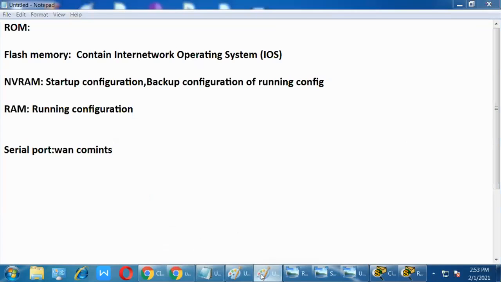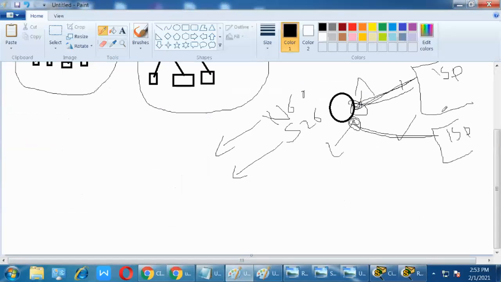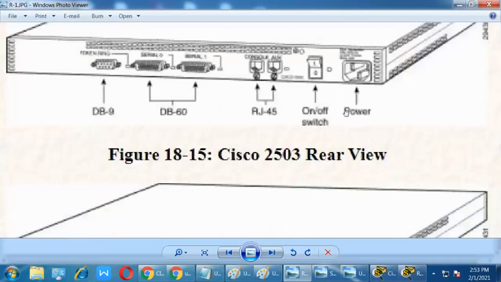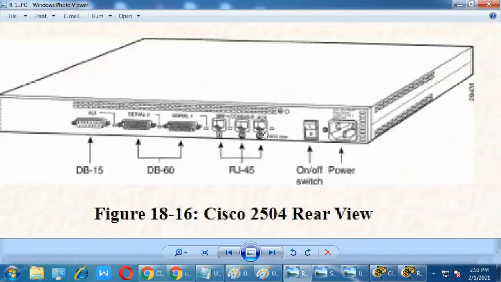Physically login. What does physically login mean? So what is the shape of the console cable? Same RJ45, same like that RJ45, but the port is written as console port.